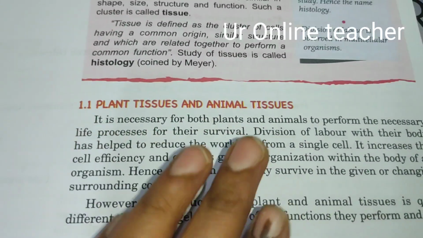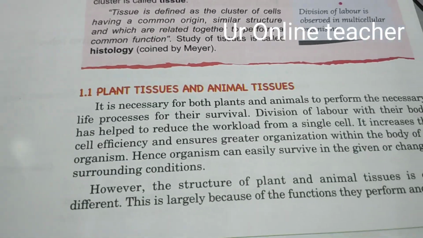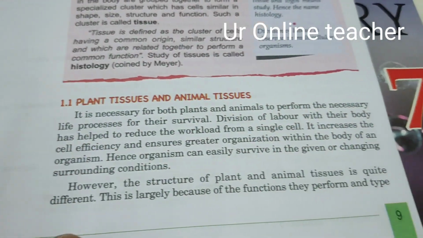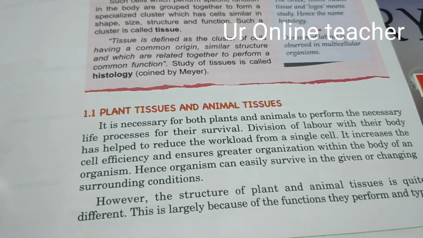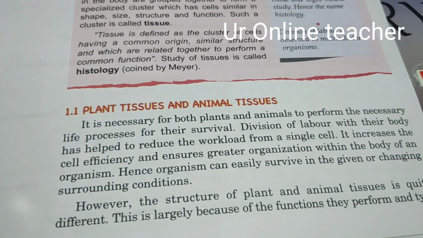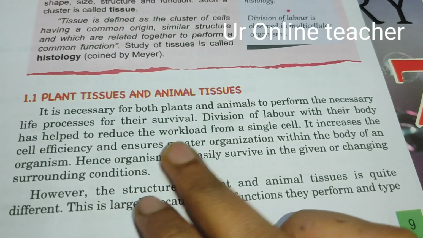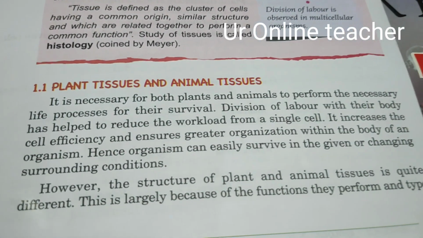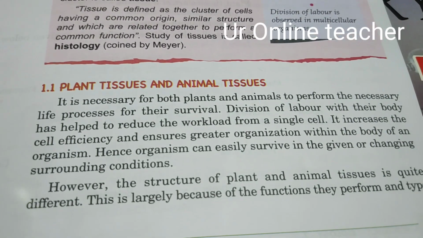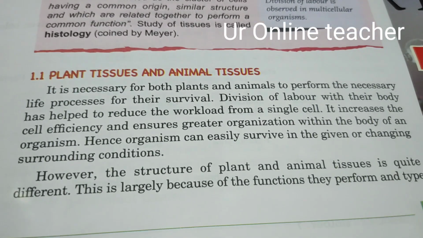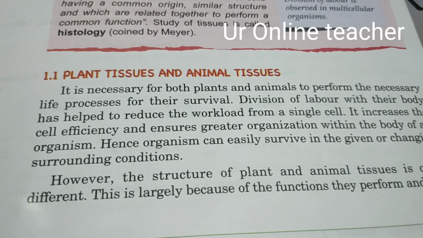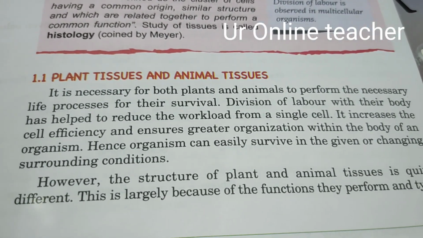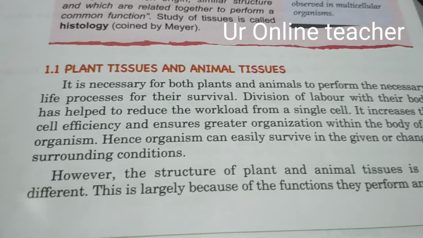Next we will see different types of plant tissues and animal tissues. In both plants and animals, there are tissues to perform the different life processes necessary for their survival. Division of labor also helps to reduce the workload on a single cell. Can a single cell do all the work? No. So there should be a division of labor so that one organ does one work.